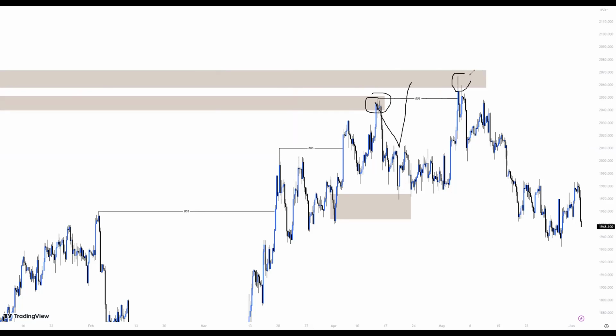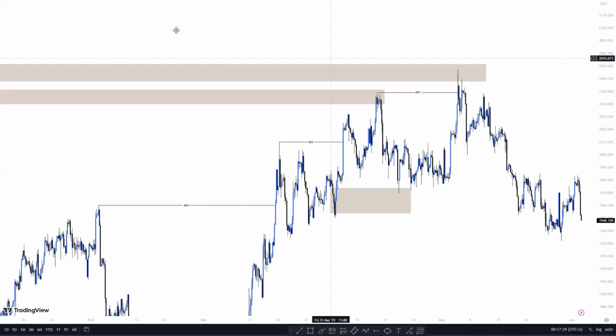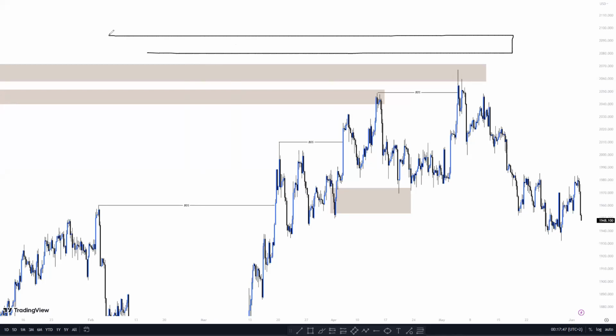Even if you're entering here, if there's another one here, you are not going to say, I'm not going to enter here just in case the price comes here. No, take this one, because there's a possibility that the price here was just going to reverse.